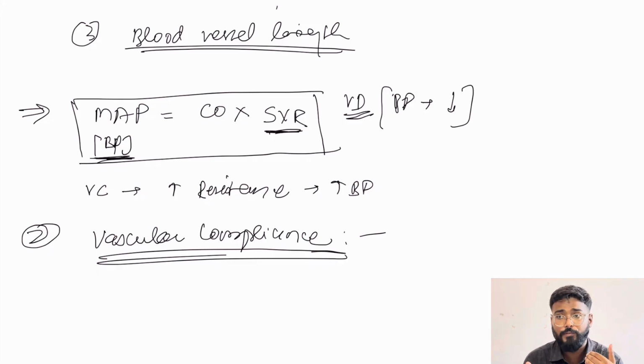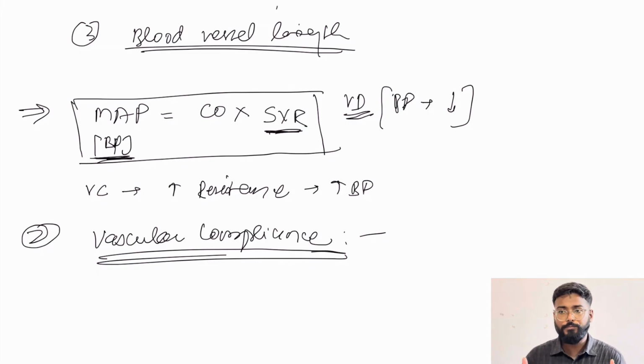So the workload of the left ventricle is going to increase, because it has to pump that much blood into stiff arteries, such as in case of atherosclerosis, or other calcification of blood vessels, where the blood vessels get more stiff. Their compliance is going to decrease. They are not going to stretch to the extent that they used to when they were healthy.